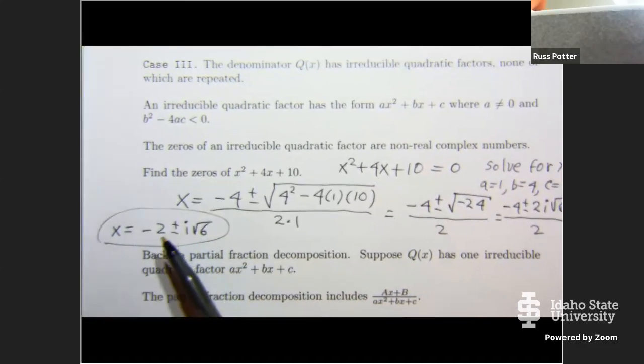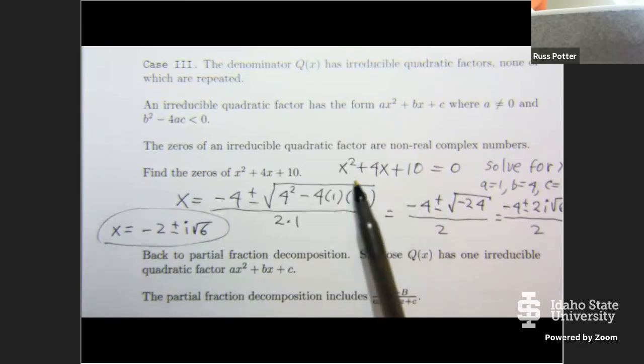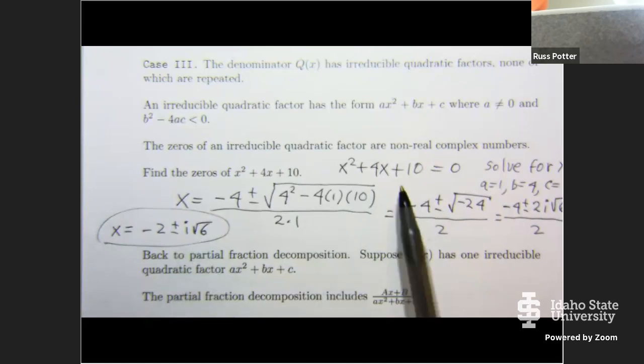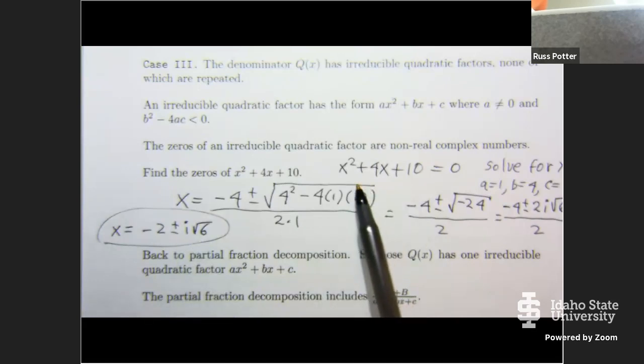Okay, so we could write the linear factors of x squared plus 4x plus 10, but they involve non-real numbers. So we say that x squared plus 4x plus 10 is irreducible in the real numbers.